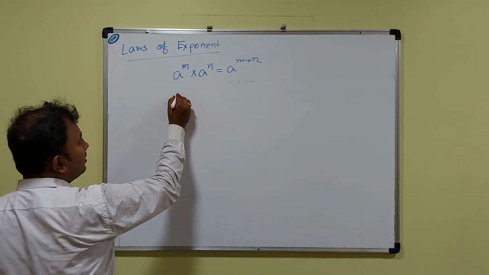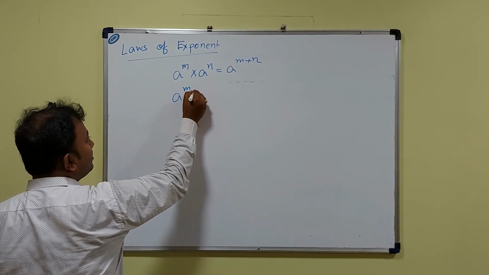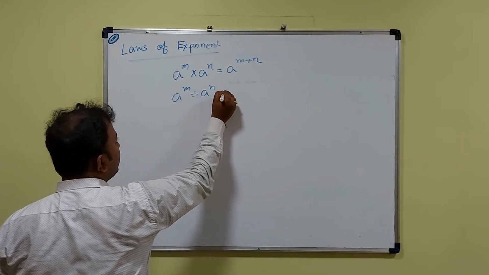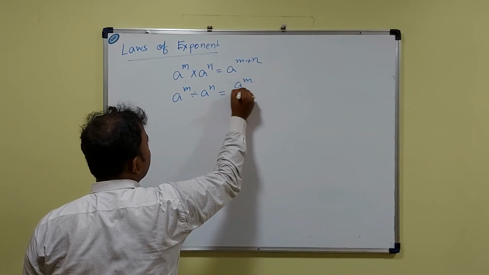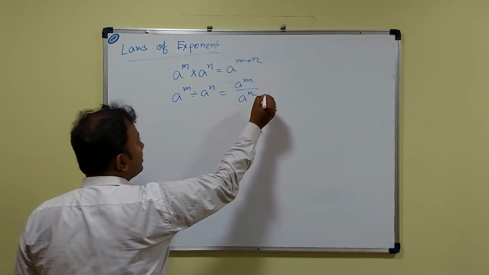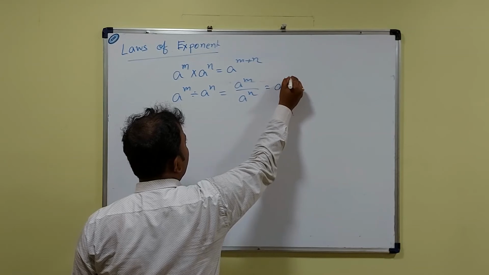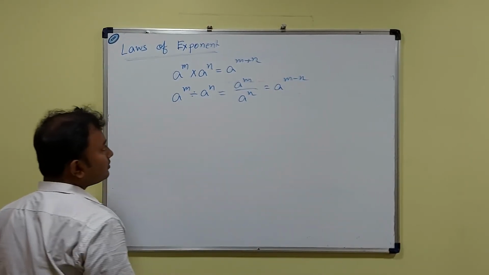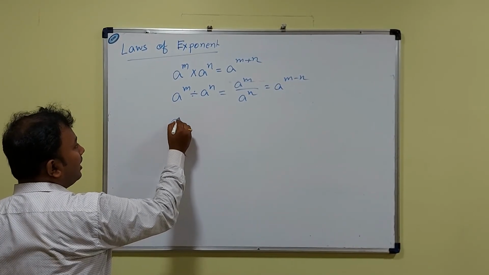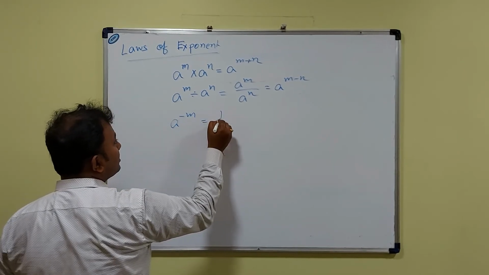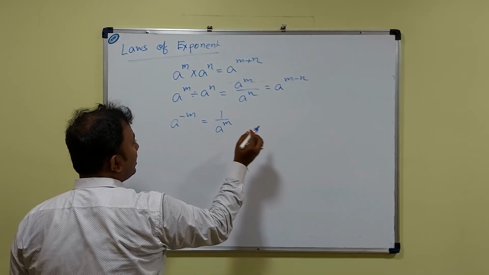Then a to the power m divided by a to the power n, that means a to the power m by a to the power n, is equal to a to the power m minus n. Then a to the power minus m is equal to 1 by a to the power m.